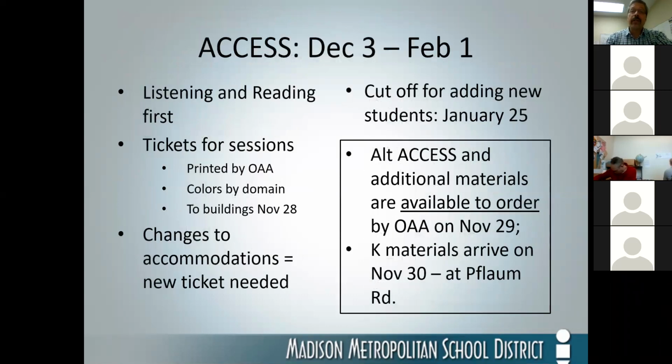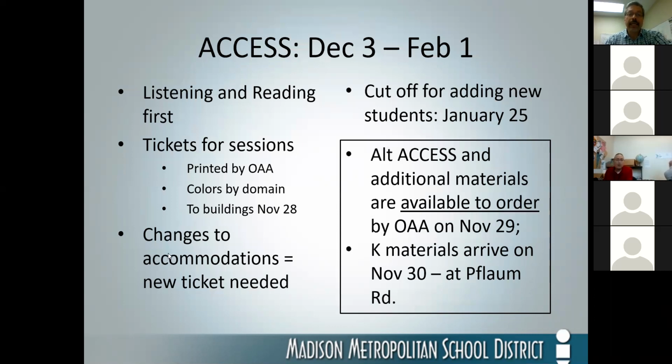Now, once we hit the testing window, we have the listening and reading session. Obviously first, this should be just review. We will be printing tickets. We'll be having a separate color for each of the domains. We'll be getting them out the door here February 28th, so somewhere in that neighborhood, right before the test window opens.